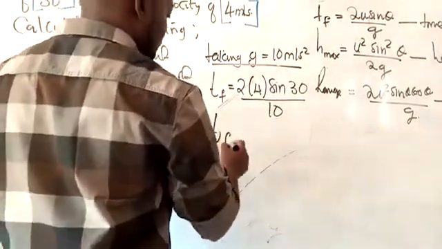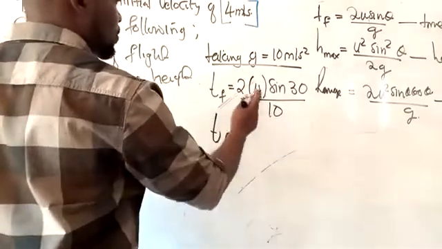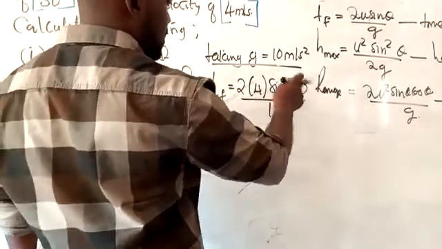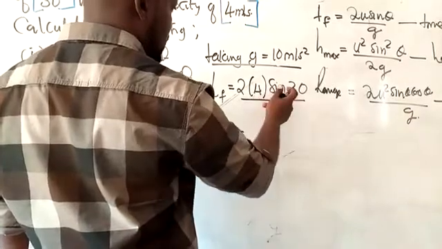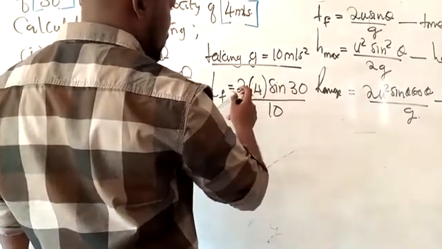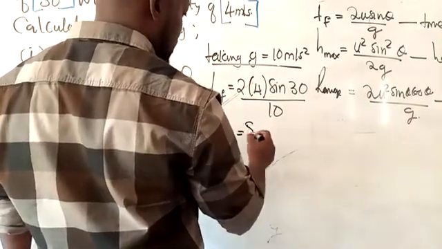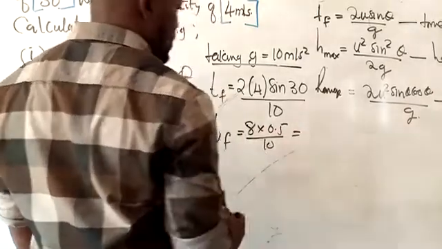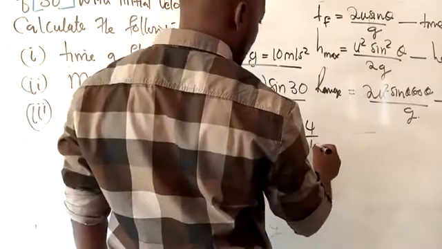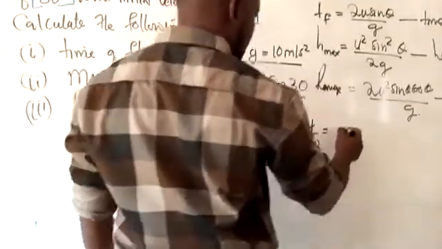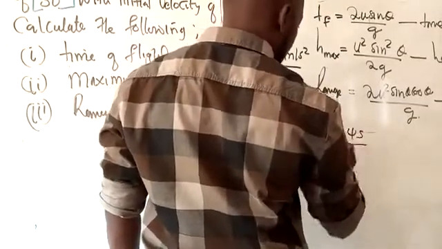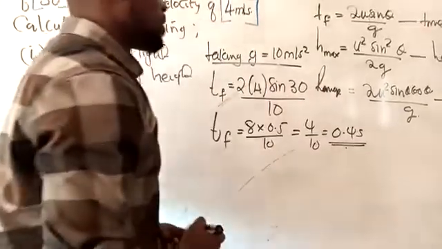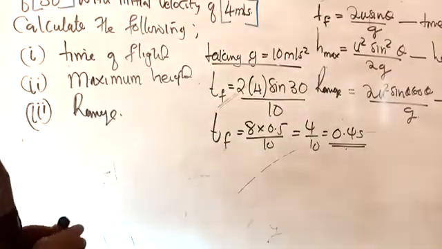So the total time of flight will be equal to, sine 30 is 0.5, so this is half. So we have 2 multiplied by that, so we have 8 multiplied by 0.5 over 10. Okay, so this will give us 4 over 10, which is equivalent to 0.4 seconds. So that will be the time of flight.